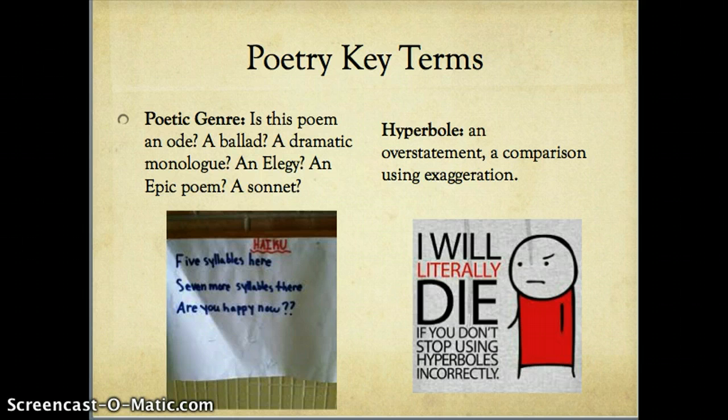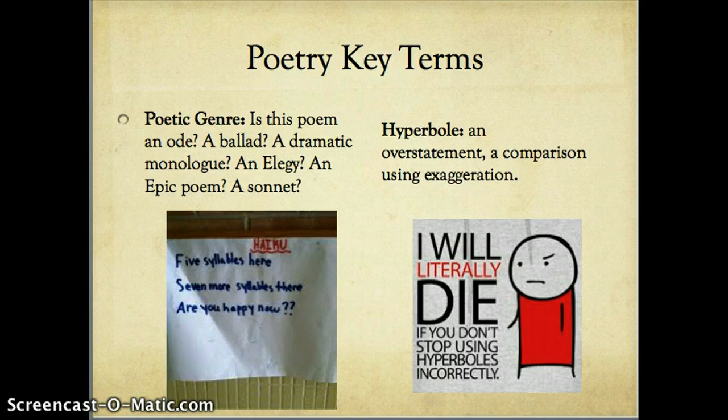So it's important to differentiate the type of poem that you're dealing with, and this is what we would call a poetic genre. A lot of the poems we're doing are examples. They're mostly just lyric poems, which means they're short.